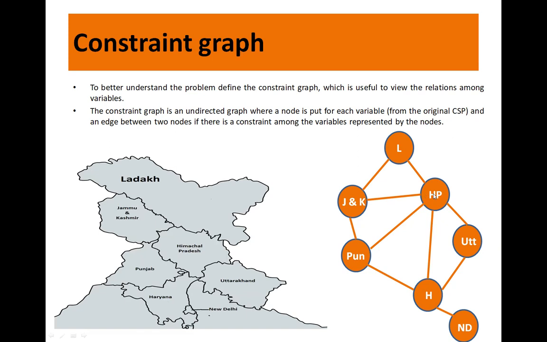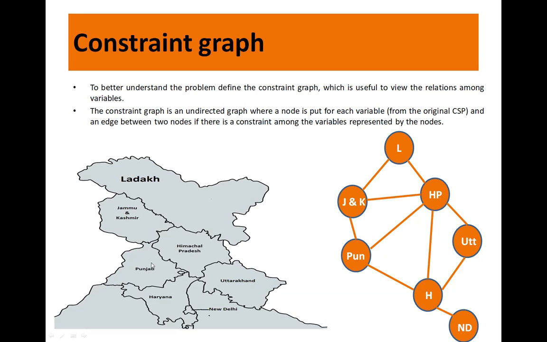So all the edges from Himachal Pradesh will go to all the states except New Delhi. New Delhi is not adjacent to Himachal Pradesh. It is adjacent only to Haryana. So there is only one edge, Haryana to New Delhi.